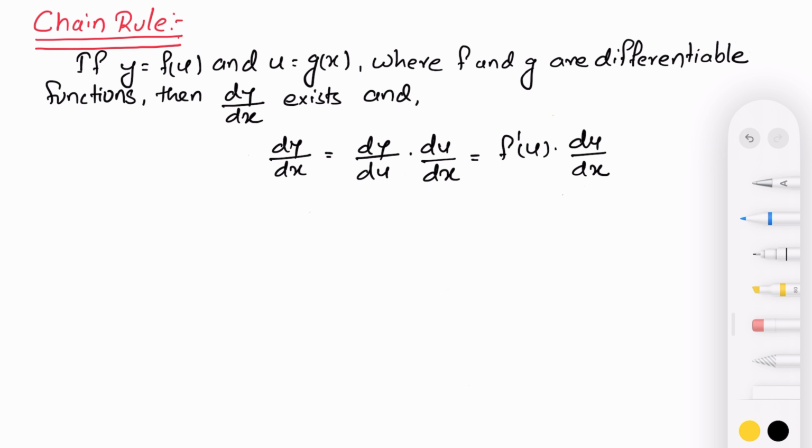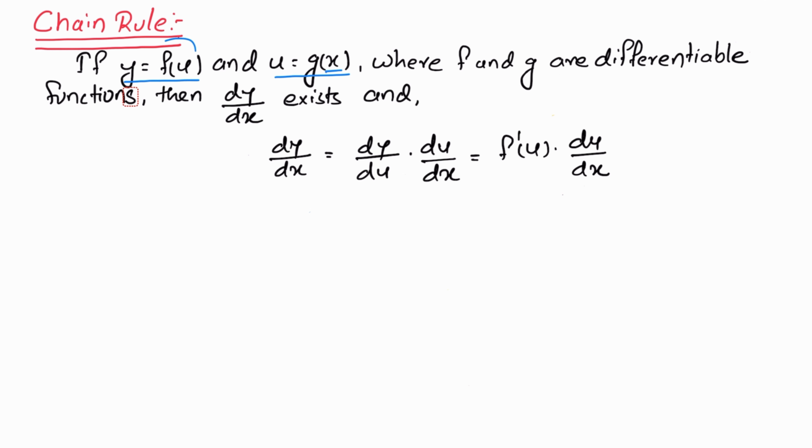So the chain rule states that if y is a function in terms of u and u is a function in terms of x, then its derivative exists, which will be in the form of dy by dx equals dy, the derivative of y with respect to u, because y is a function in terms of u. Similarly, it will be multiplied by du upon dx because u is a function in terms of x.